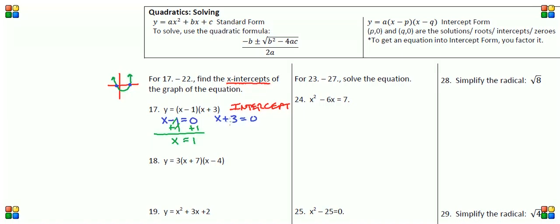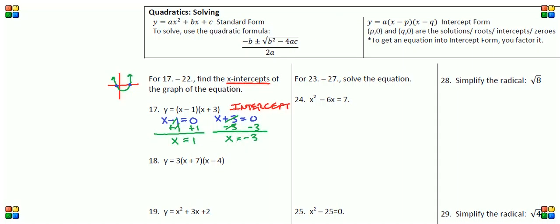We're going to subtract 3 from both sides because you want to get rid of the 3 on the left side, which moves it over to the right side. Positive 3 and negative 3 cancel, and we have x equals negative 3. So there are our x values that change the y value of our equation to 0. That means these are the two x values of our x-intercepts.